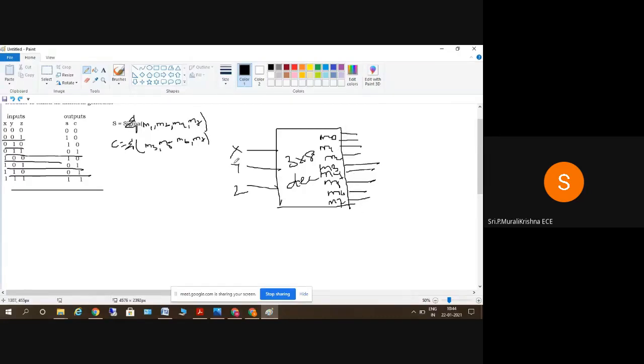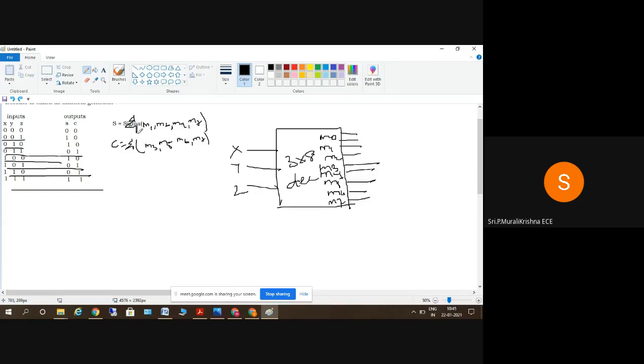So this is a 3 to 8 decoder block diagram. Clear? So now what I have to do, I have to implement this full adder using decoder and logic gates.